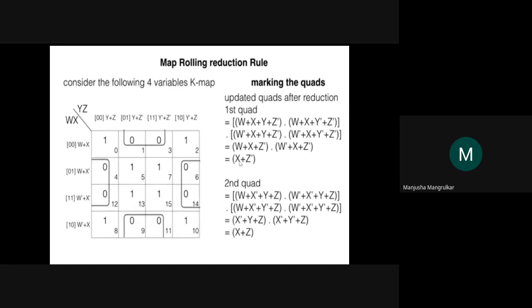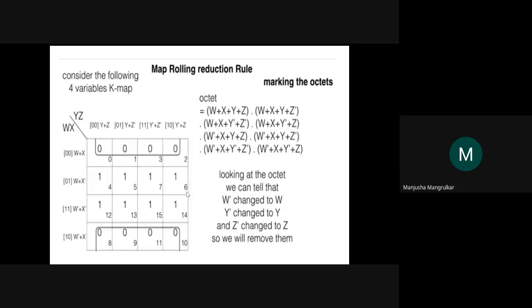We have seen that the first term is X plus Z complement, and the second term is X plus Z only, right? So now the next is 4, its rollover. So this is mapping with these four, right? Same as these four can be mapping with this also. So you can use the reduction method, map rolling reduction rule.